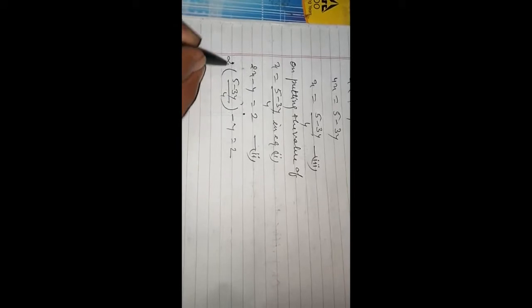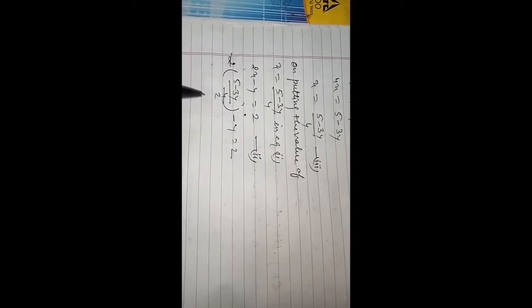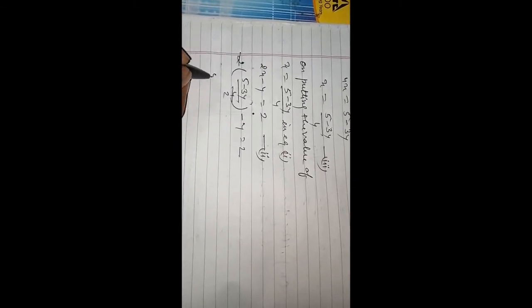Second equation is 2x minus y is equal to 2. At the place of x we write 5 minus 3y upon 4. So 2 times 5 minus 3y upon 4 minus y is equal to 2. 2 twos are 4. 5 minus 3y upon 2 minus y is equal to 2.